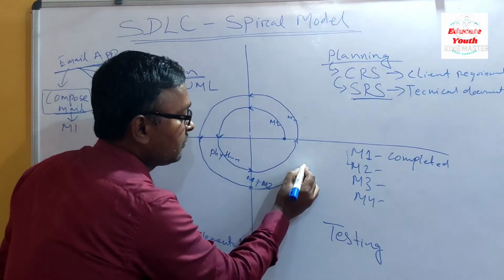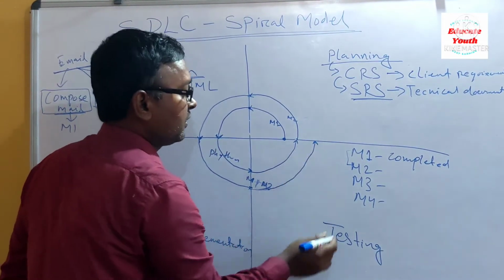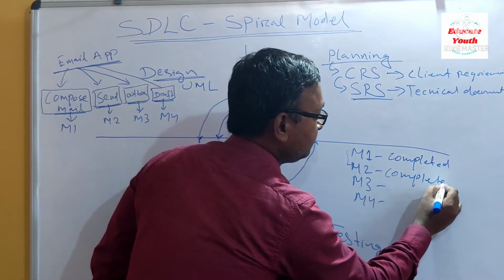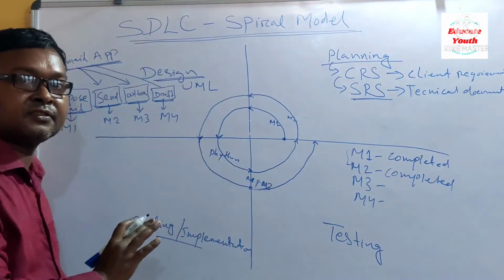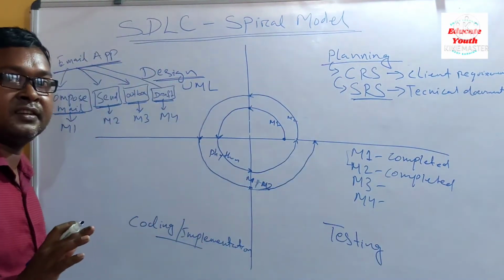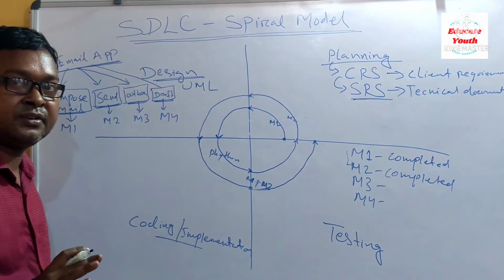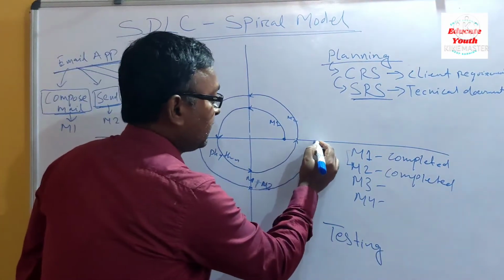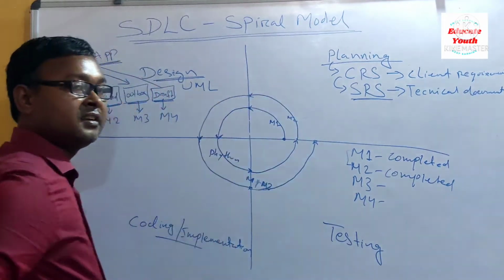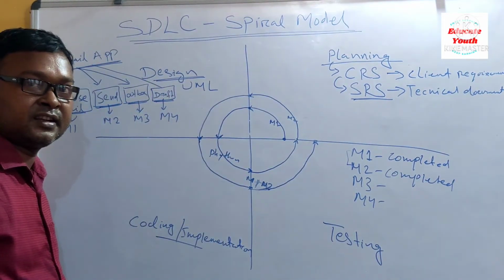So module 1 and module 2 are ready right now. M2 is also completed. Integration also completed. So right now you are at the end phase. Completed. Understood? Write it down. You have reached here. Again you are entering the planning phase, the analysis phase.